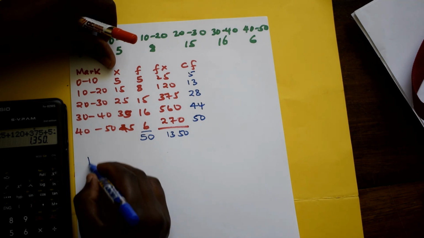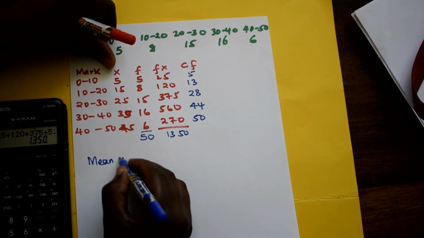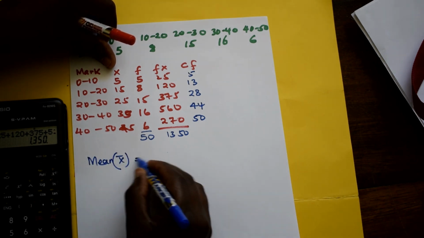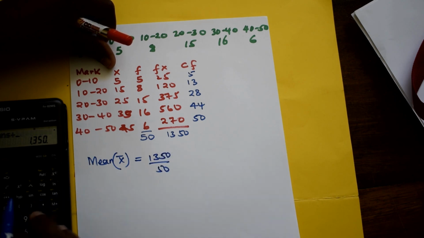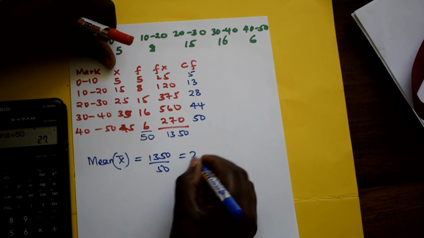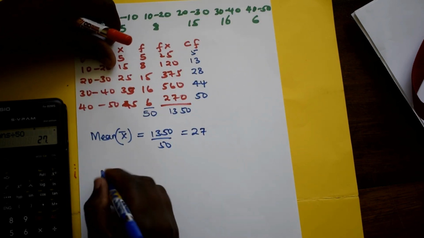So the mean, x bar, will be equal to 1350 divided by 50, which will give us 27.